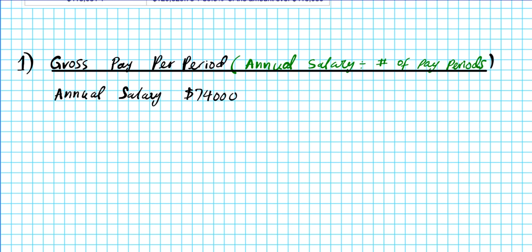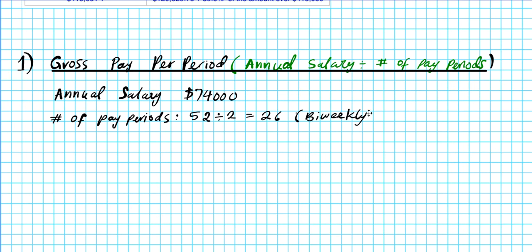Okay? So her number of pay periods is the number of weeks in a year divided by 2, which is, we have 52 weeks in a year. If you divide that by 2, that gives us 26 pay periods. This is what bi-weekly means.